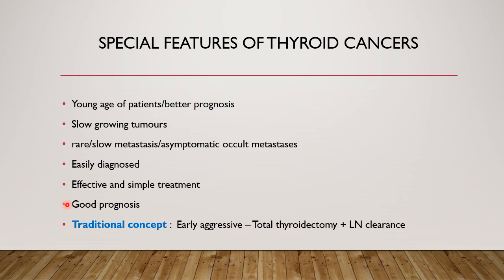Because of this good prognosis, the traditional concept was to go aggressively with total thyroidectomy and lymph node clearance. However, today it is believed that most of these patients, especially with small tumors, may not need such aggressive management, which has its accompanying complications.